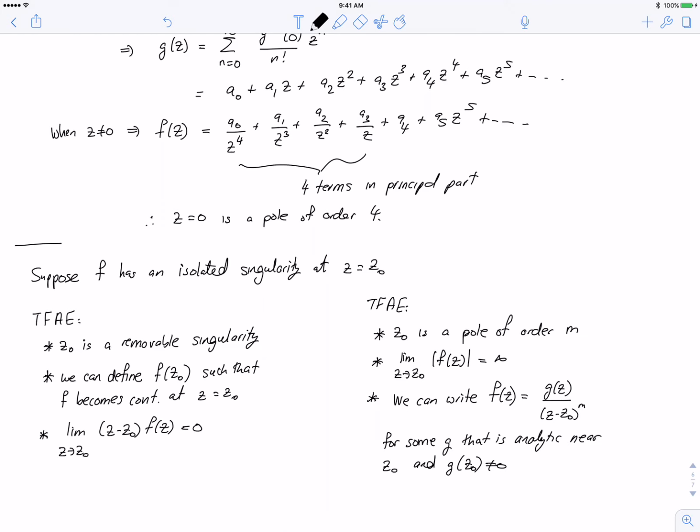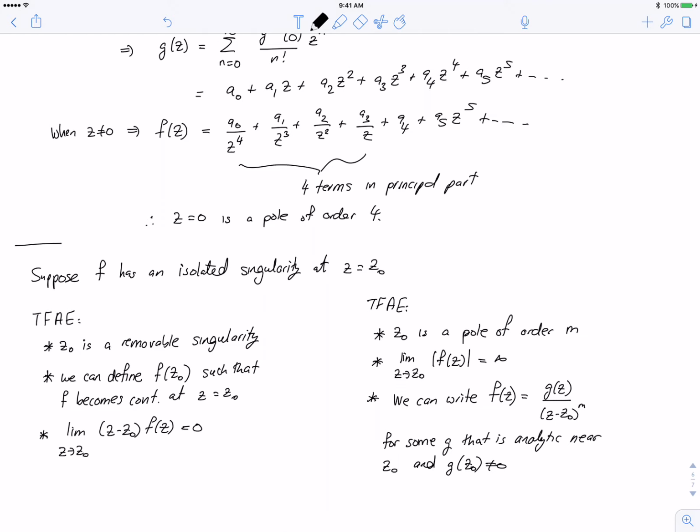From personal experience, I think that second definition is the one I use most to see if something's a pole or not. So if you can write f as g over z minus z naught to the power of m, and g is analytic in some neighborhood of z naught, and g of z naught is not equal to 0, then that means z naught is a pole of order m.